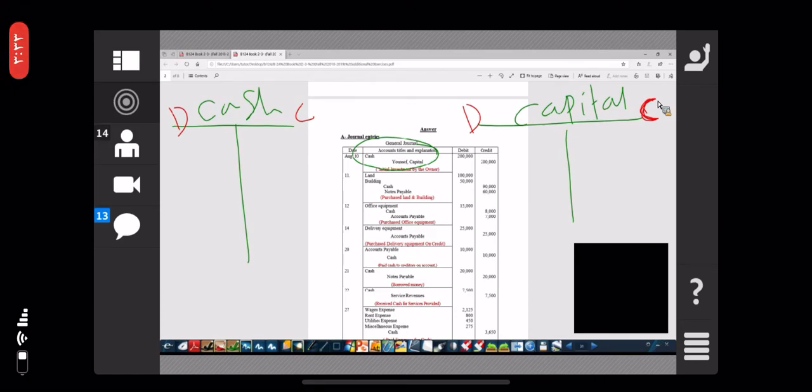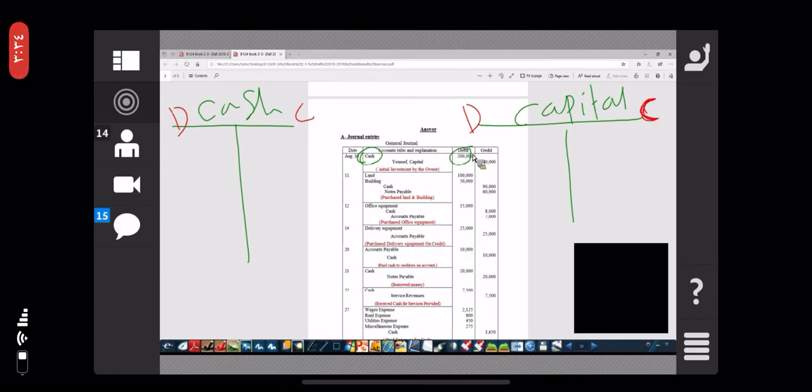Clear? Okay, so now return back to the journal entry. You will go to cash. Cash in which side? Cash is in the debit side.